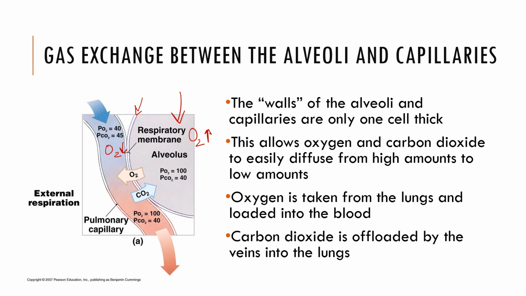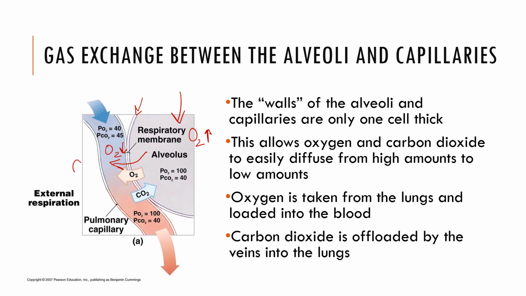So naturally in this world, we'll talk about this in a couple weeks, things like to move from an area of a high amount to a low amount until they're equal everywhere. It's called diffusion. So the high amount of oxygen is going to want to move over into the low amount of oxygen area. So the air goes from the lungs into the capillaries, from the alveoli across those two layers into the blood.